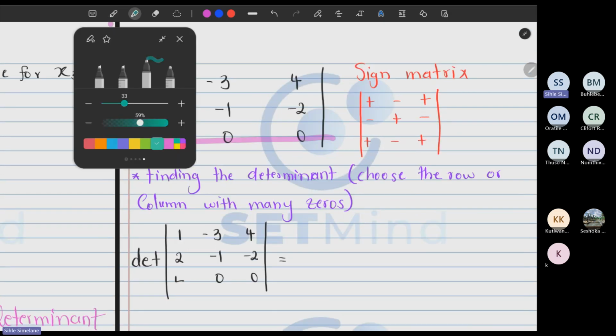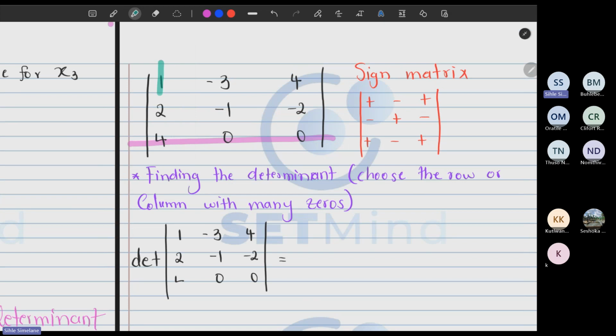So since I'm using row 3, it means I'm just going to traverse over the column. So I can see that where I'm intersecting the green and the pink line, my sign matrix is saying there should be a positive. So meaning I'm going to put positive and then the number which is there, which is a 4, and then I'm going to take the determinant of what is left, which is -3, 4, -1 and -2.